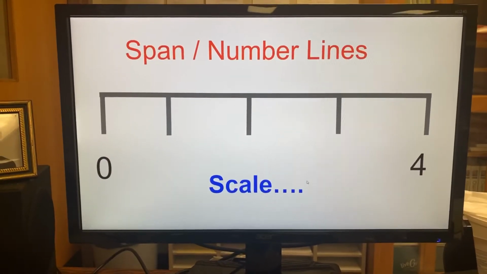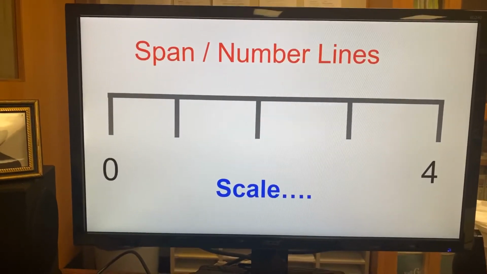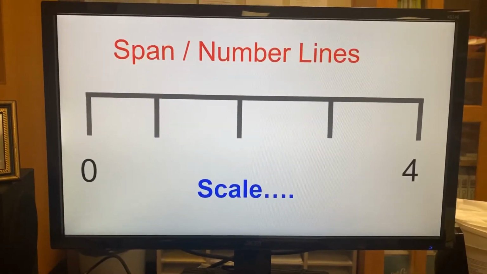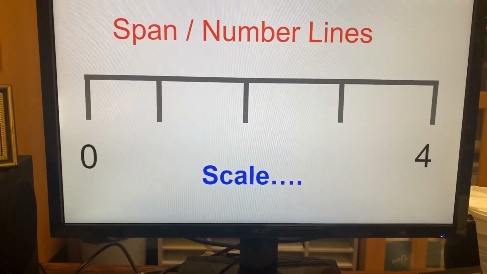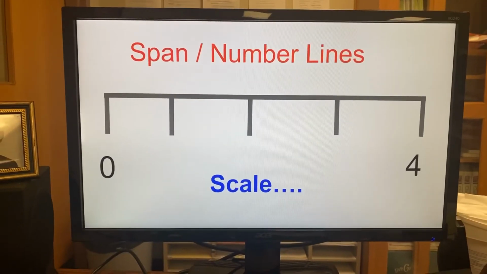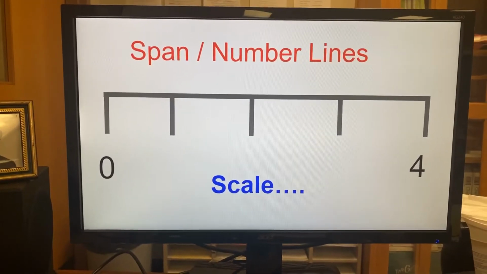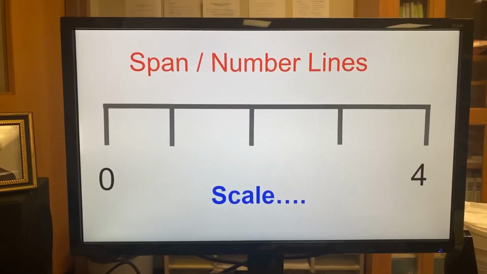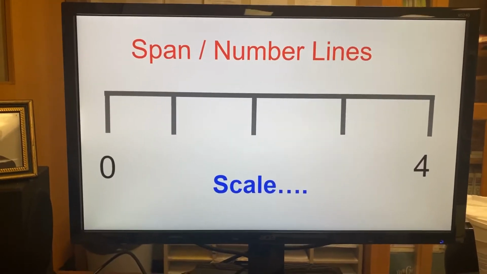Each one of these tools that you might use to do some of these measurements is probably going to have a scale, and the scale will be relatively easy to figure out. You just need to take what I call the span divided by the number of lines.